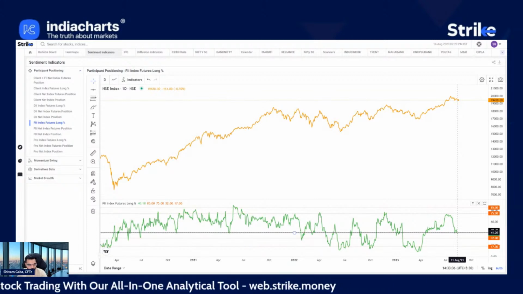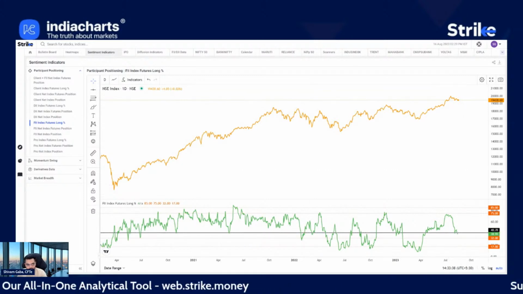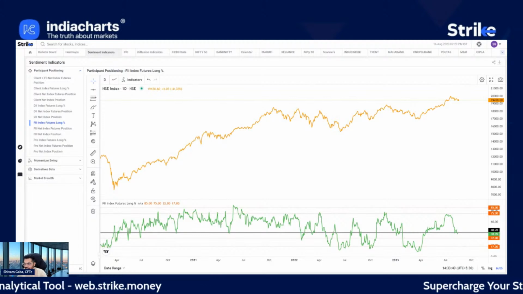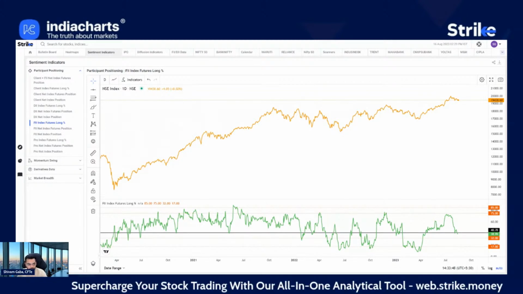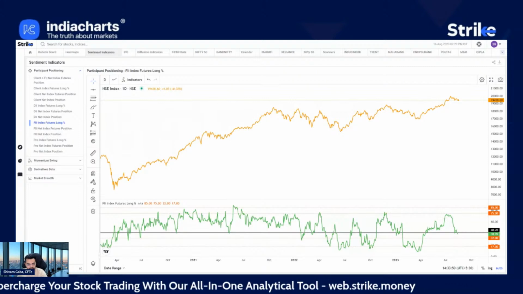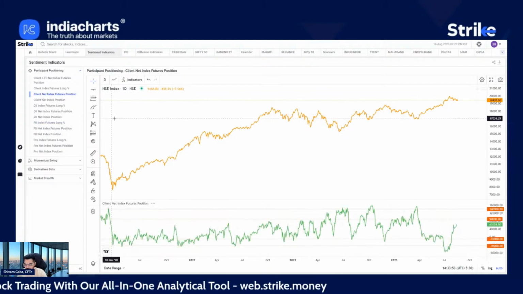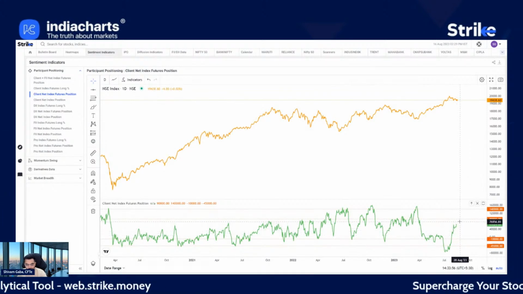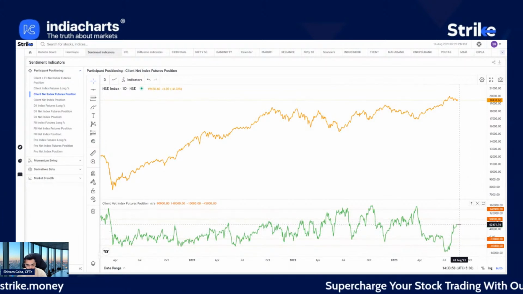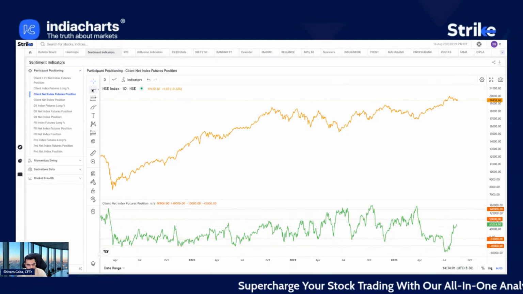You can track all different kinds of participants' positions here, be it clients, be it DIIs, which is domestic institutional investors, or the prop account. If you look at the client, which is usually the reverse of FIIs, they build longs on the way down, and in terms of this we can still see some room is there.